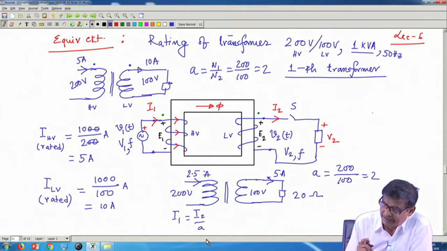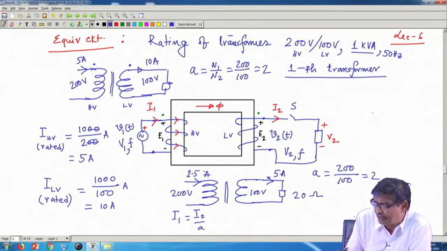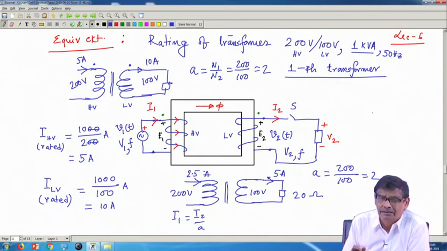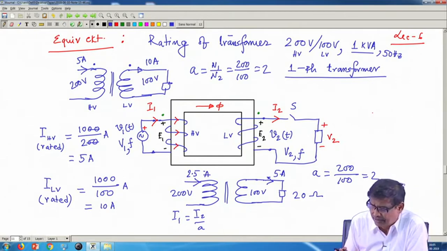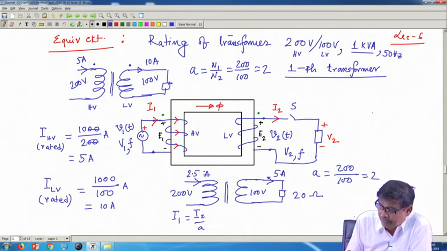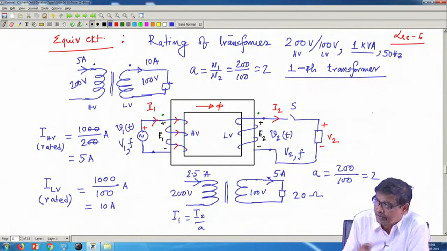Another interesting thing is that whatever impedance you connect, you only have to see that the secondary impedance does not make the current in the LV side greater than the rated current. That is your only concern. The moment this current is known, it is fixed. What will be the equivalent circuit of the transformer?